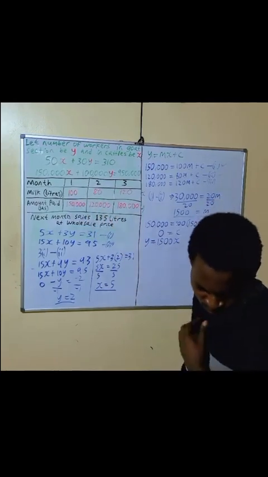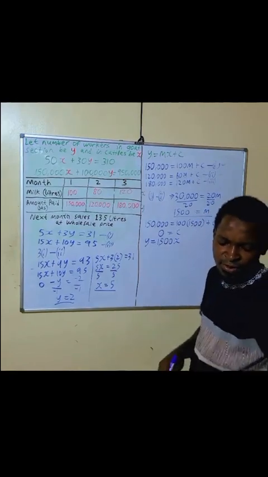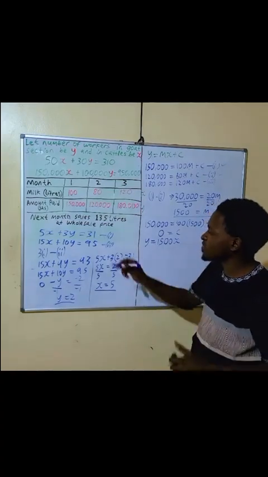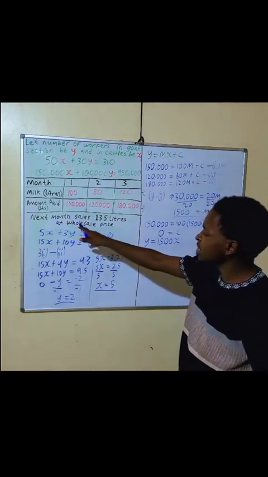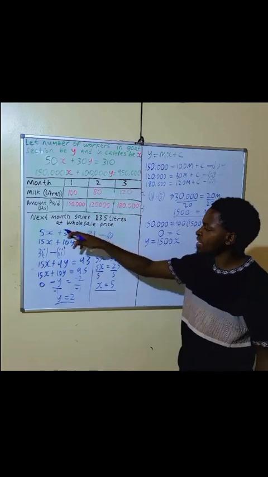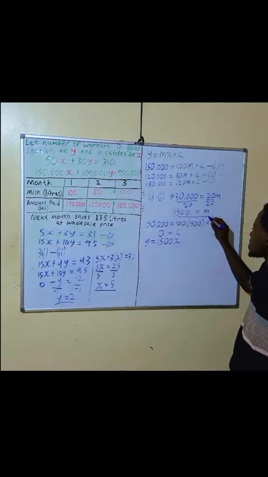So they want us to calculate the amount of money she is likely to receive from the milk next month. Remember, the manager informed us that next month sales, the expectation is to sell 135 liters at wholesale price. This is our wholesale price that we have already determined.